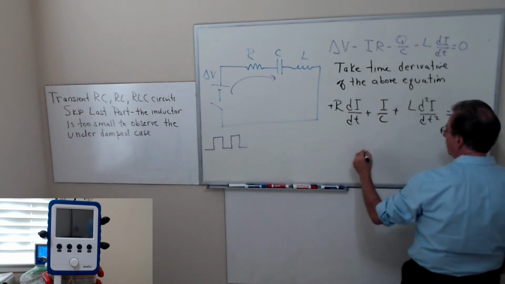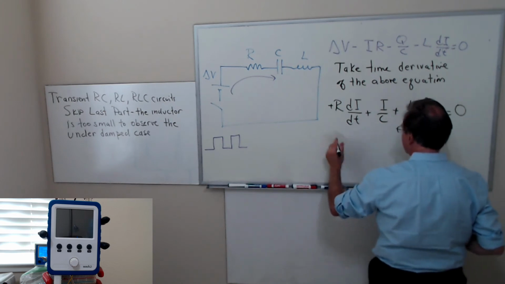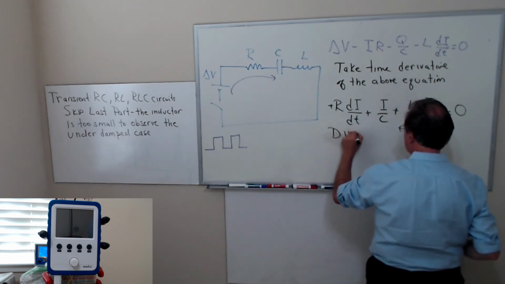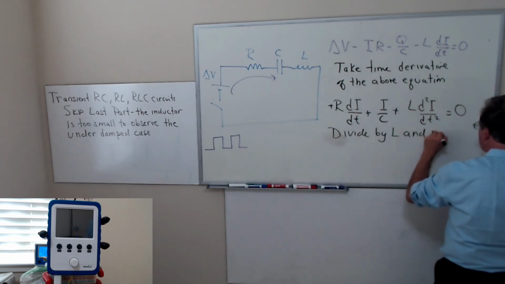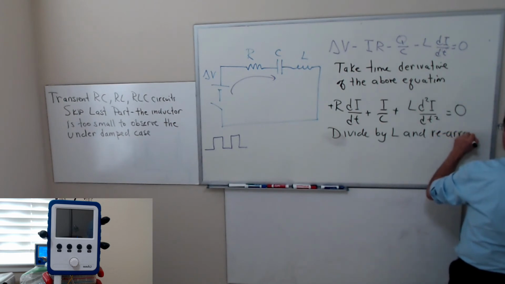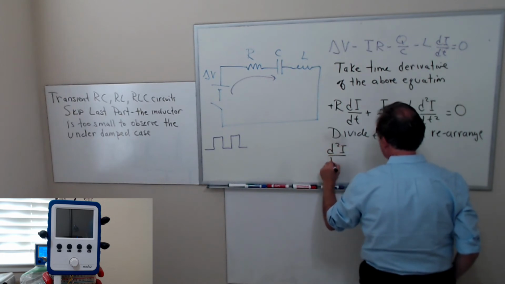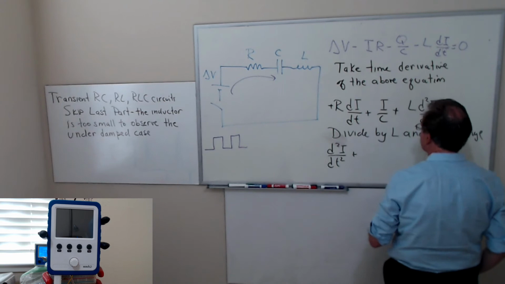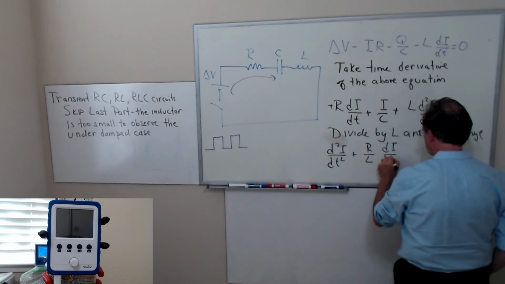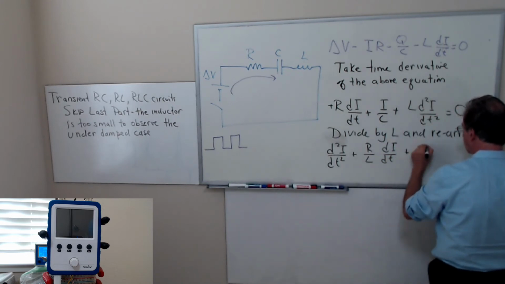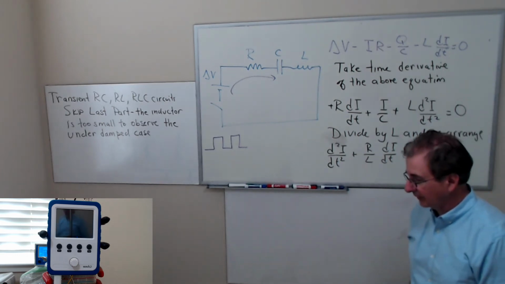And I'm going to divide both sides by L. Let me rearrange this. Divide by L. And so when I do this, I get the following. And I'm going to solve this.